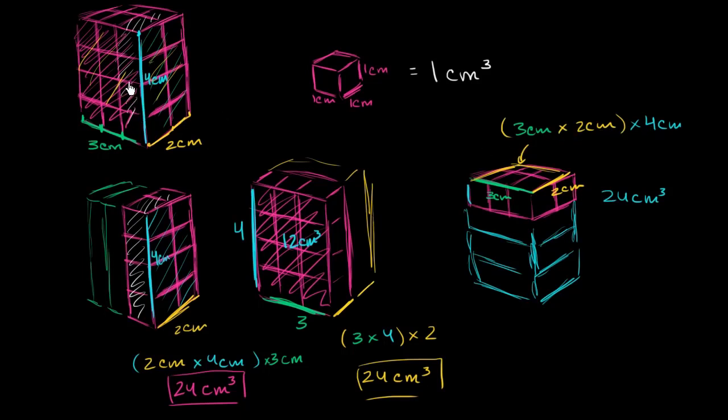And so if you have a rectangular prism like this, and you know its 3 dimensions, 2 centimeters wide, 3 centimeters deep, and 4 centimeters tall, you can say the volume, the number of unit cubes, the number of cubic centimeters it can fit, is going to be 2 centimeters times 4 centimeters times 3 centimeters, which we've seen 3 times already is 24 cubic centimeters.